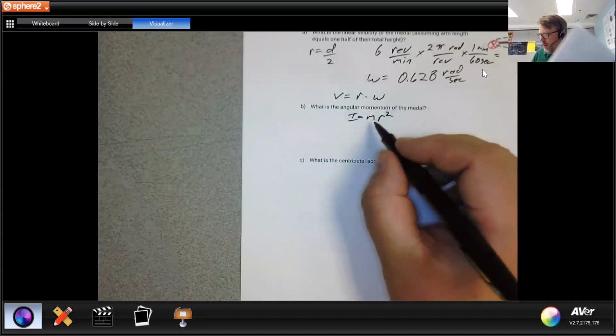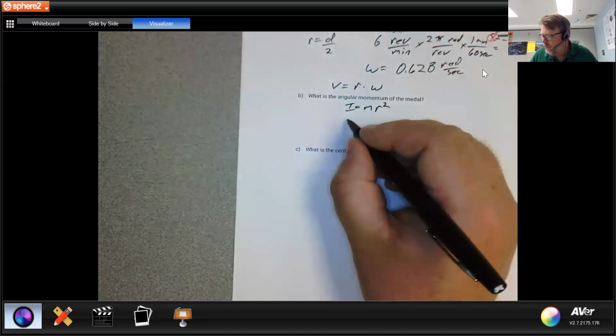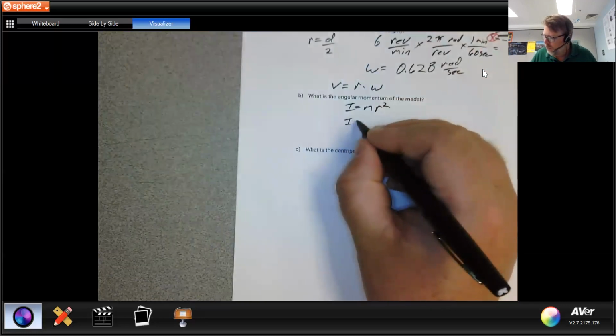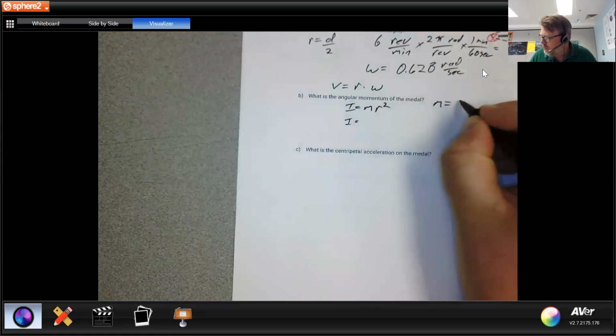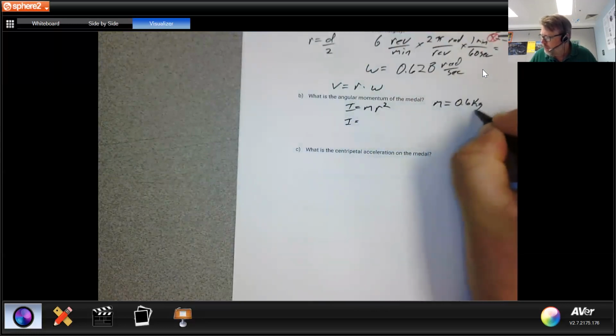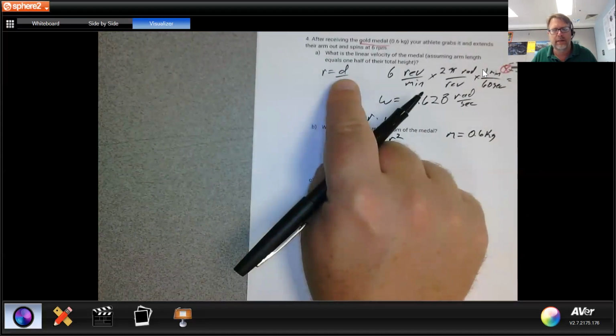All right, so your M in this case is the gold medal. So M equals 0.6 kilograms, but your R is going to be dependent on the height of the athlete.